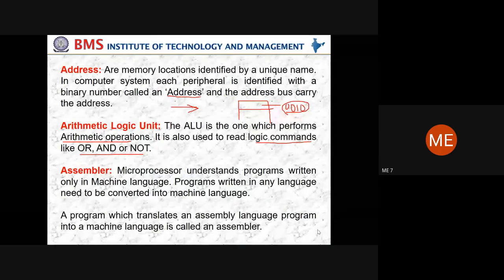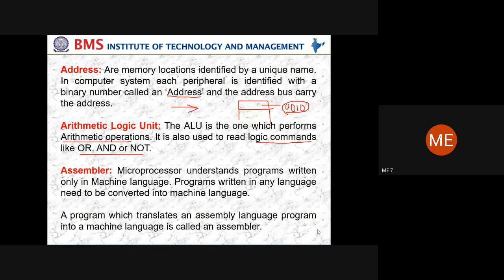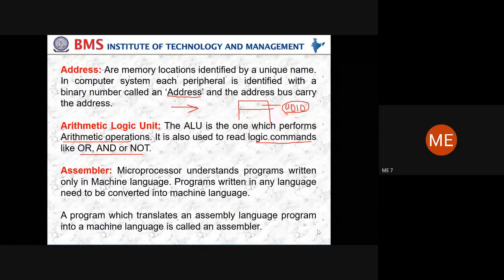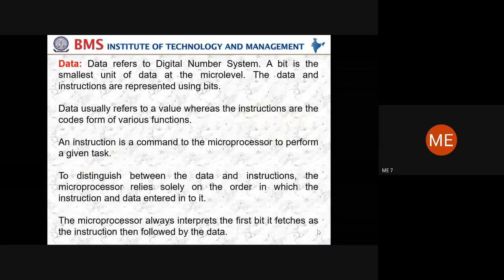Programs written in any language need to be converted into the machine language. A program which translates an assembly level language into the machine level language is called an assembler. Therefore, an assembler is required for us to convert from the assembly level language to the machine level language. So that's about the assembler.